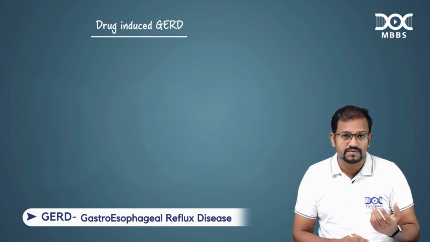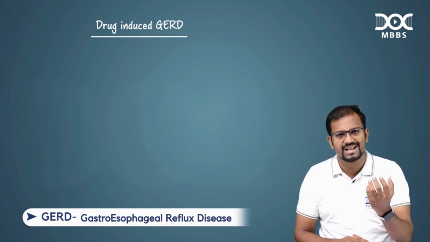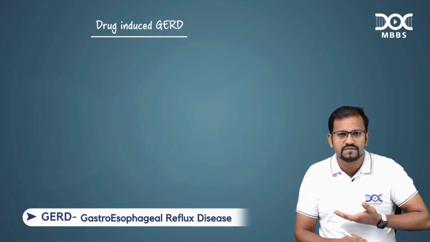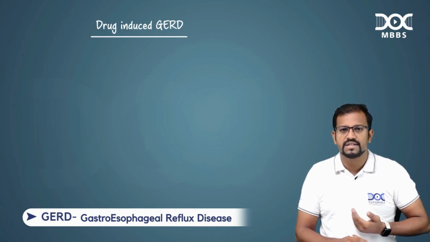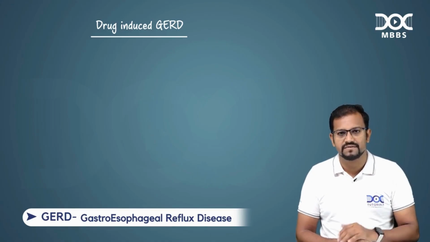What are the different drugs which might induce GERD? Those drugs which produce smooth muscle relaxation. If those are producing smooth muscle relaxation, the lower esophageal sphincter will not close properly, which leads to increased reflux of gastric acid towards the esophagus, causing damage to the esophagus.